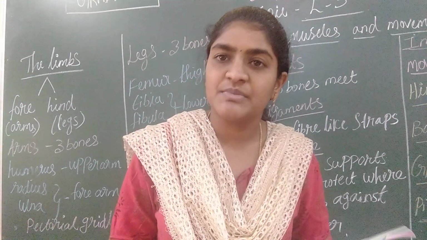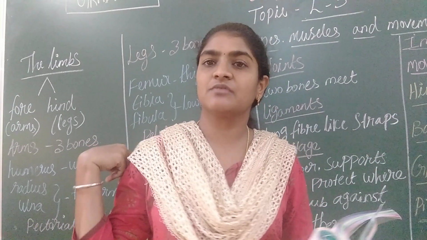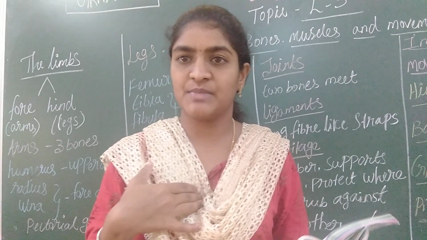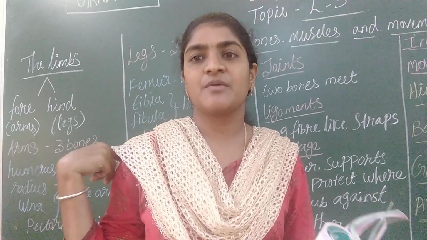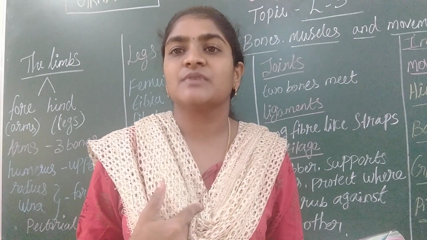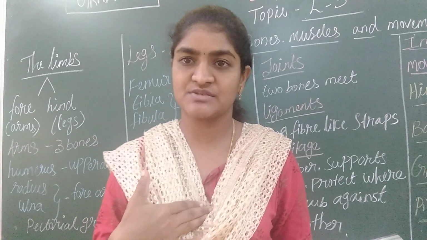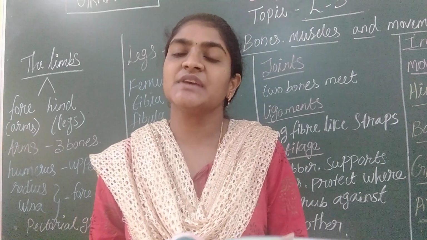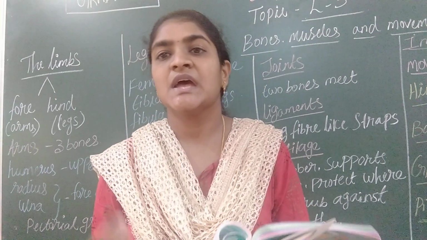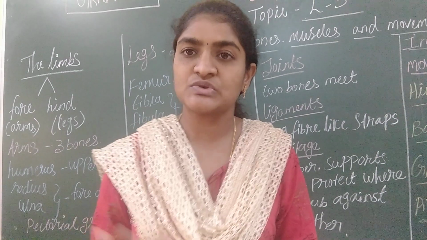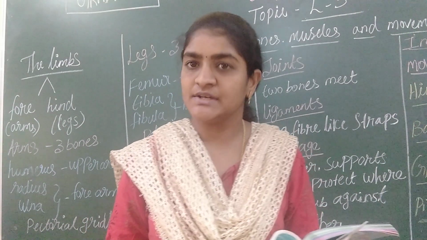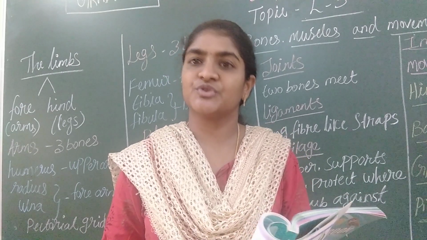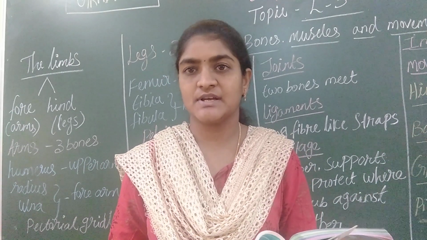The rib cage bones join at the back from the backbone and end at the breastbone. The last 2 pairs are not attached to the breastbone, so they are called floating ribs. The rib cage helps to protect our internal organs like lungs and heart.